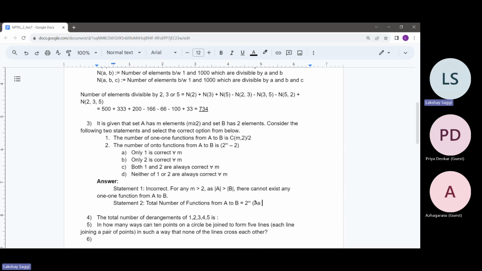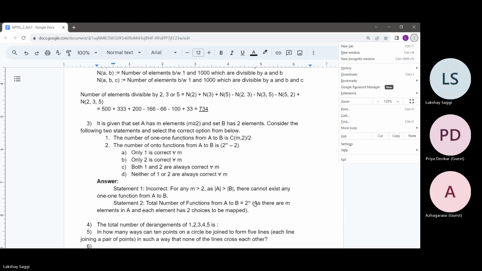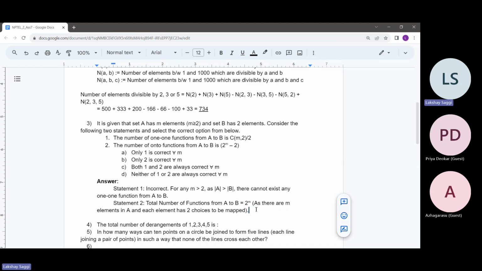And why is this the case? As there are m elements in A and each element has two choices to be mapped. So this is the total number of functions. Out of these, how many functions will not be onto?